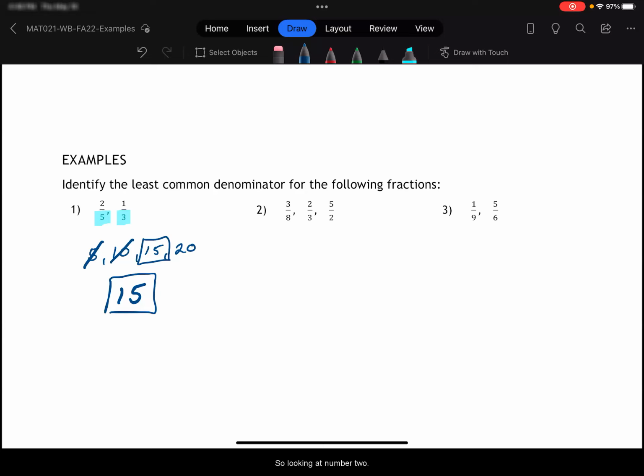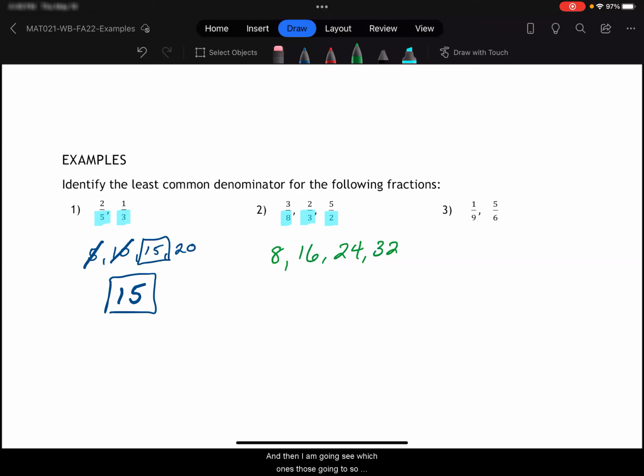All right, so looking at number 2, we have 3/8, 2/3, and 5/2. I'm going to do the same thing. Again, we're looking at the 8, the 3, and the 2. So looking at those numbers, if I start with that first denominator, 8, and just kind of go through its multiples. So 8, 16, 24, 32.